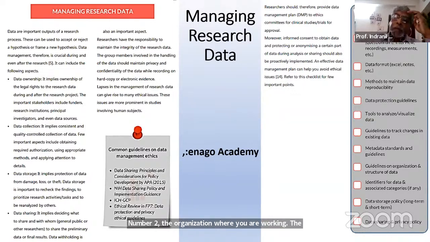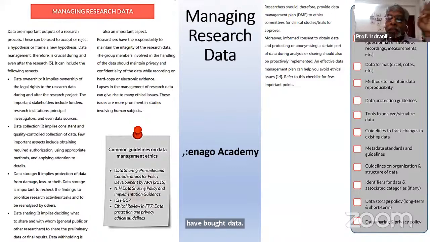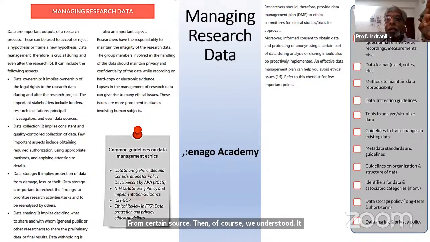For example, if I have got data from a certain source, then the data, of course, belongs to them. Data belongs to the principal investigator. Data belongs to the funding agency, and data, of course, belongs to the organization where you are pursuing your research activity.